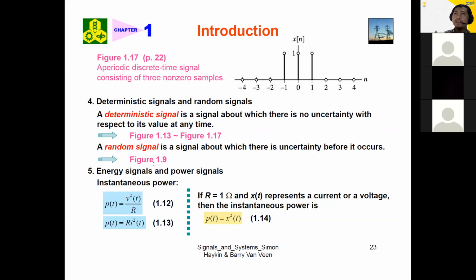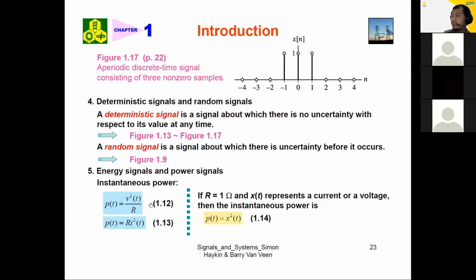We define energy as independent of time. But the energy for a certain time, the amount of energy in a certain time, we say is the power of the signal.